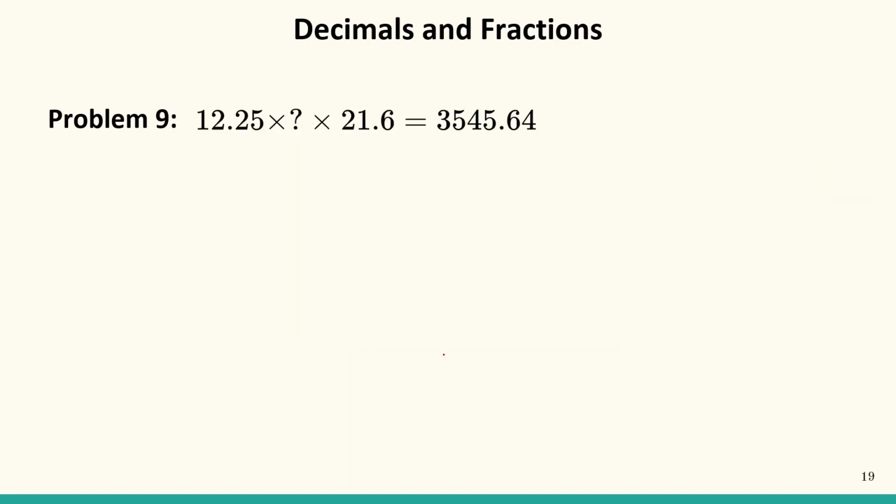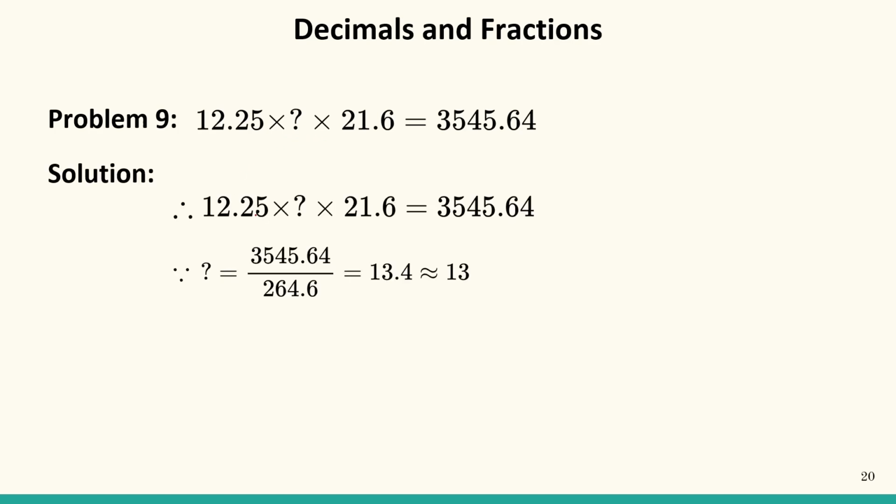So let's jump into problem number 9. Problem number 9 asks us 12.25 multiplied by what, which is again multiplied by 21.6 is equal to 3545.64. Let's replace this question mark with x. So basically 12.25x into 21.6 is equal to 3545.64.